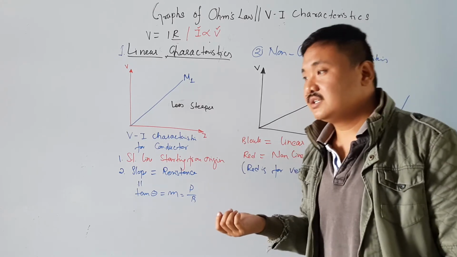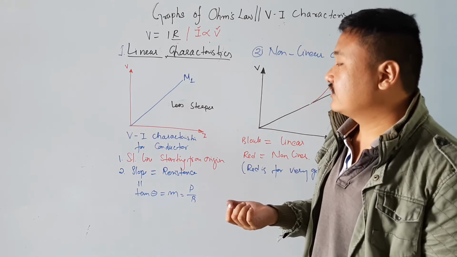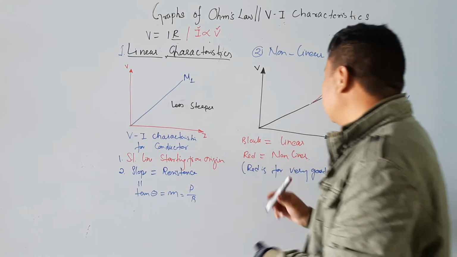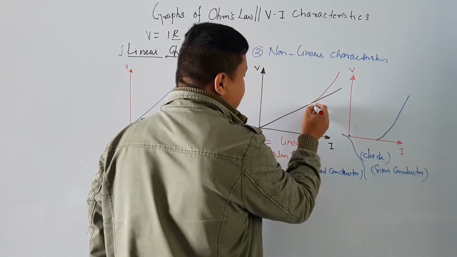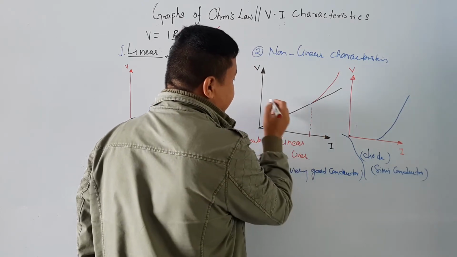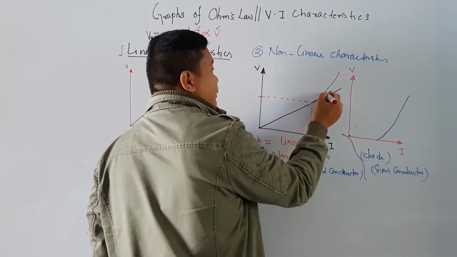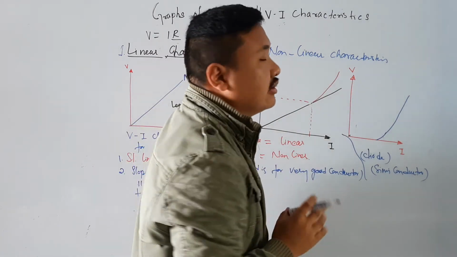Understood? What are the limitations? The limitation is that for a very good conductor, after certain values of current and voltage, it will start giving me a non-linear graph.